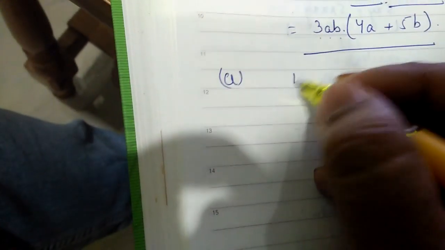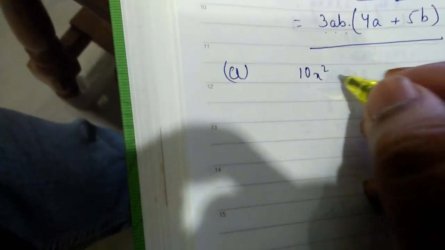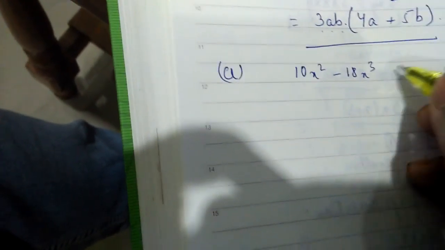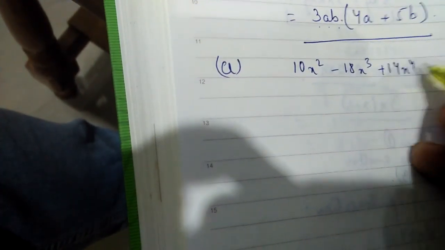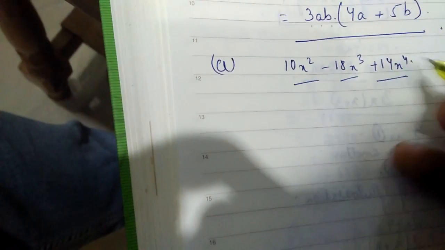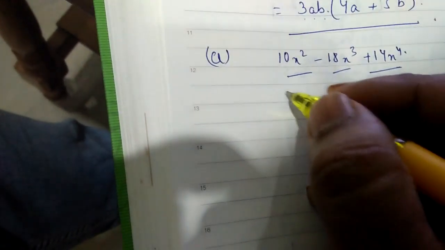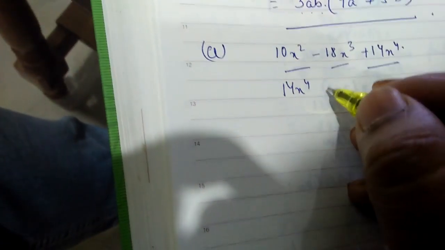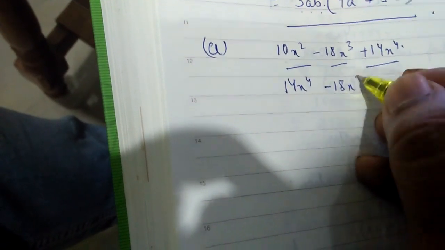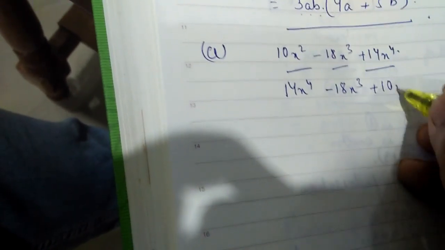So these are simple factorization questions. Now 10x square minus 18x cube plus 14x to the power 4. Rearrange it with the biggest power first. So 14x to the power 4 minus 18x cube plus 10x square.